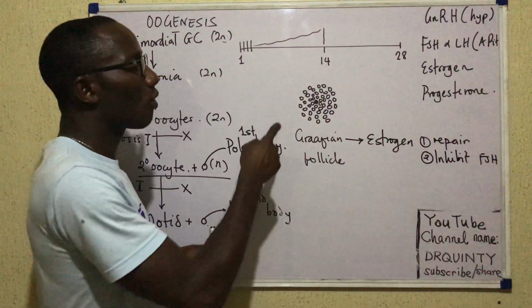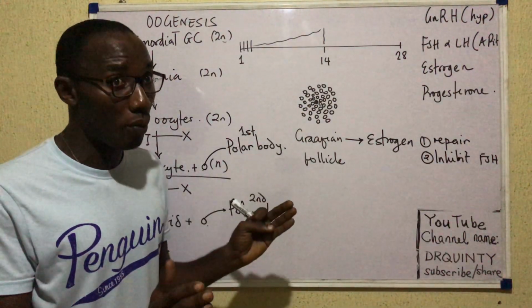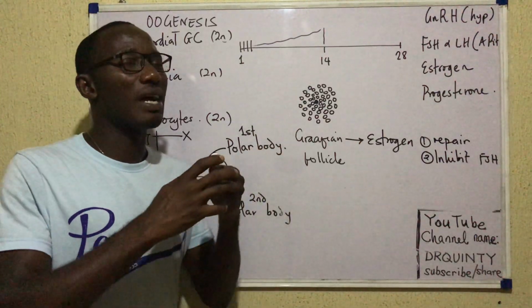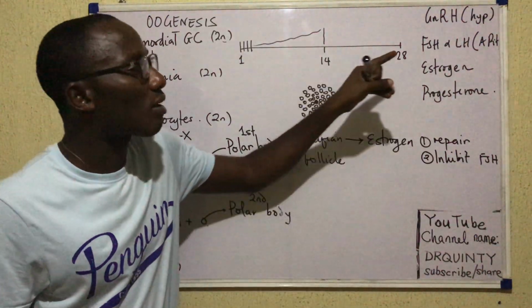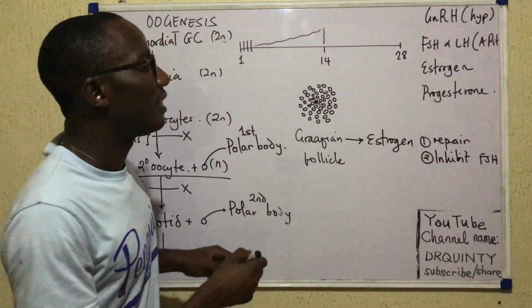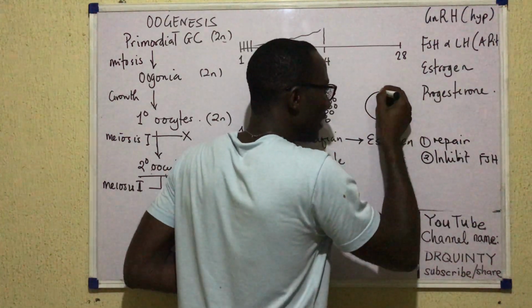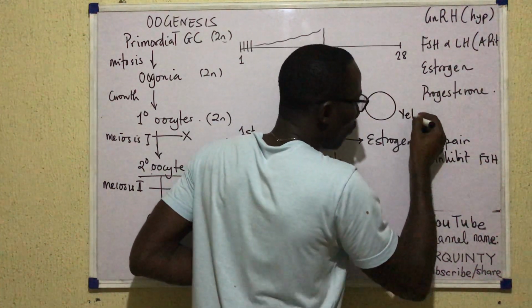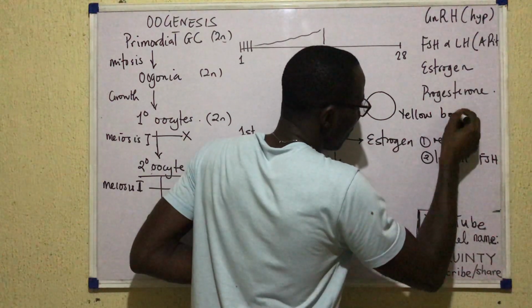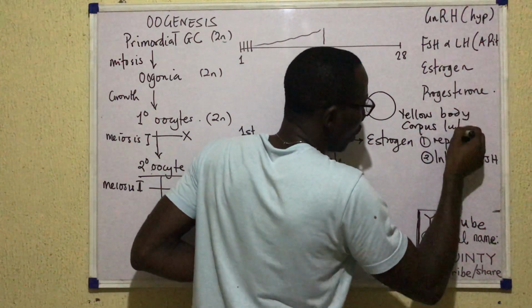Then, after causing that to happen, the secondary oocyte is no more, and our follicle is now empty. The second function of LH is to convert that empty follicle into a gland that we call the yellow body. Yellow body, in Latin, is corpus luteum.